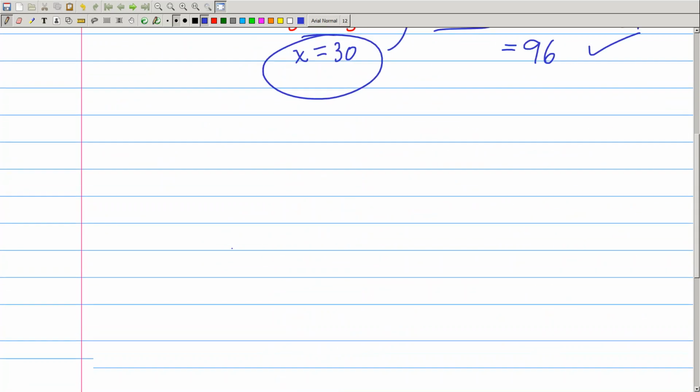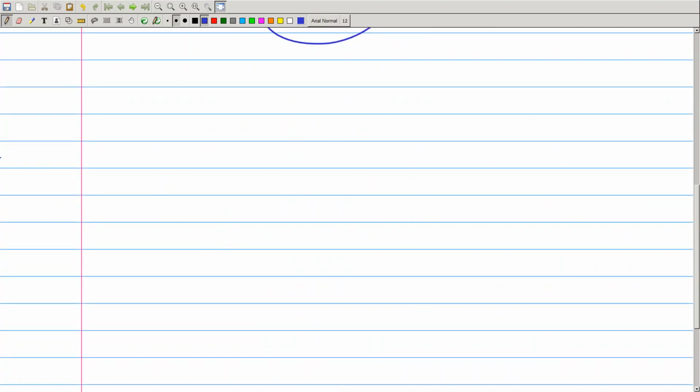We could do another similar example just underneath. So I can write out: the sum of three consecutive odd integers is, let's say, 99. Three consecutive odd integers is 99.